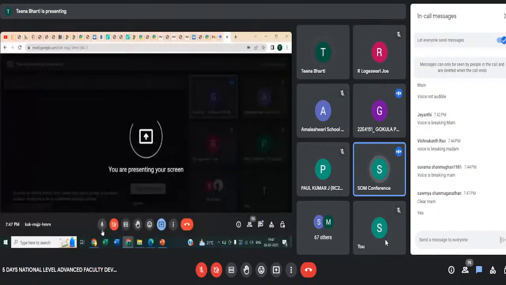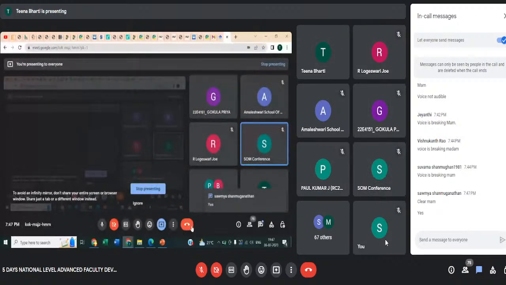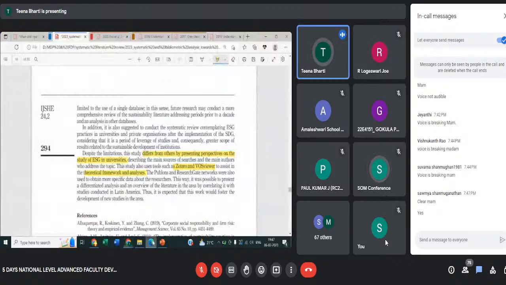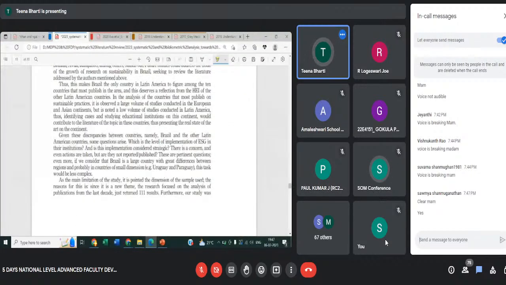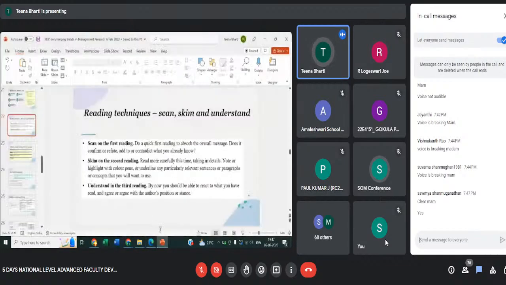Okay. So this is what I was referring to about skimming. Now the third part is when you are trying to delve a bit deeper, that is understanding, in the third reading.